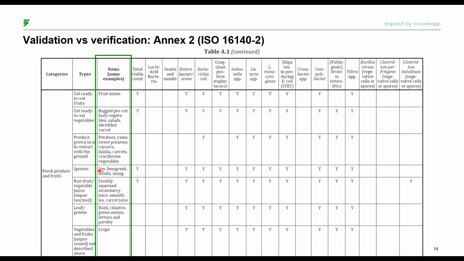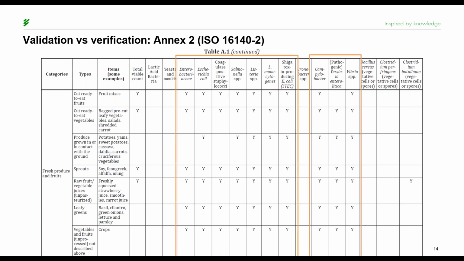In sprouts, we have soy, alfalfa, fenugreek, mung. In leafy greens, basil, lettuce, cilantro. So these are some examples that you can see. This annex is a great help when choosing the items to carry out the verification, and it also gives us information about the relevant microorganisms to analyze according to each item.